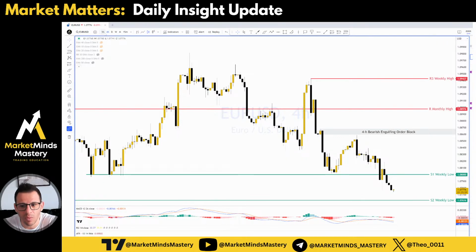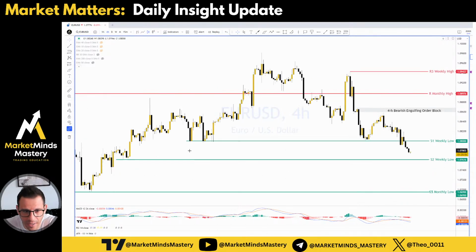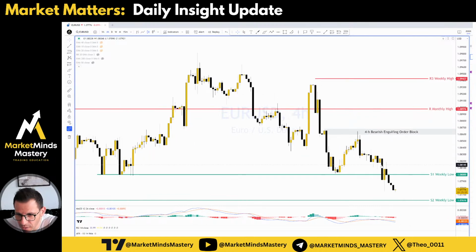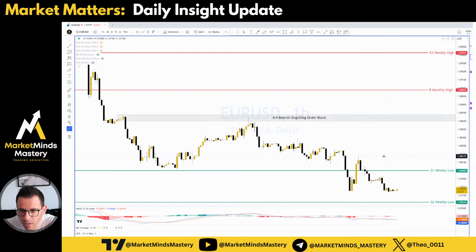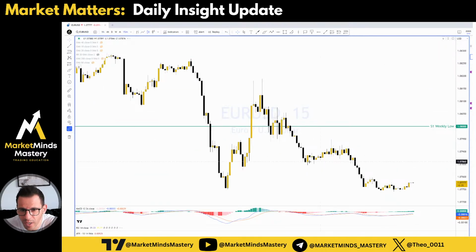What happened actually after we finished our webinar? The price closed on the 4-hour here, and then it rejected all the way down there. Now it left behind this 4-hour bearish engulfing order block on the 15-minute time frame.